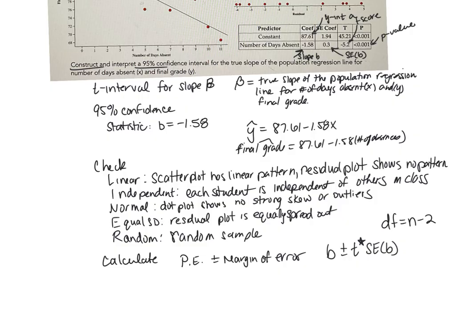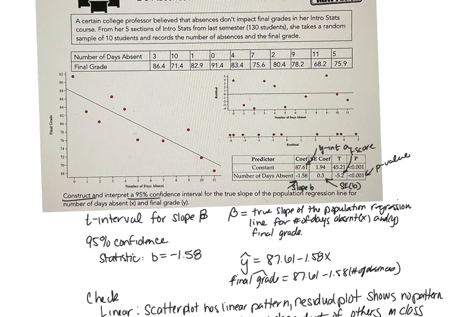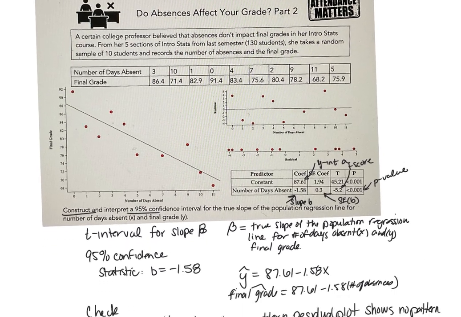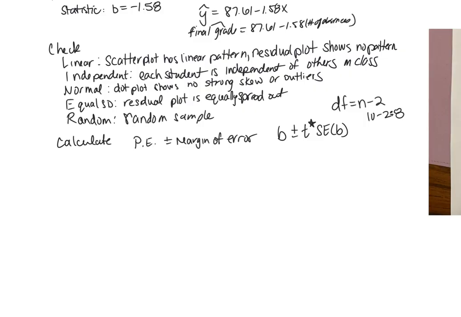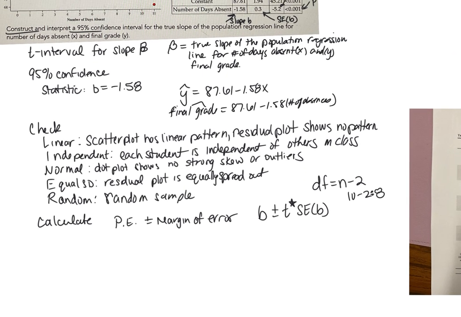We have 10 students, so our degrees of freedom is 8. I want 95% confident. So we have negative 1.58 plus or minus t star, we're going to look that up in a second, 0.3. Okay, that's the standard error, that's the slope.